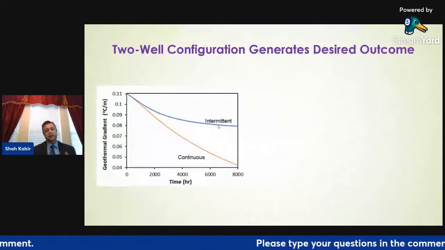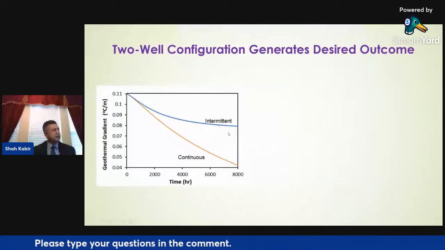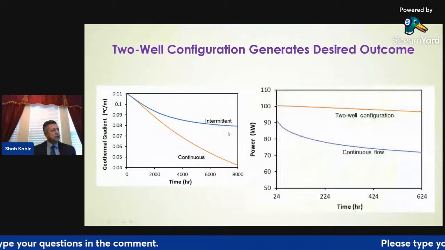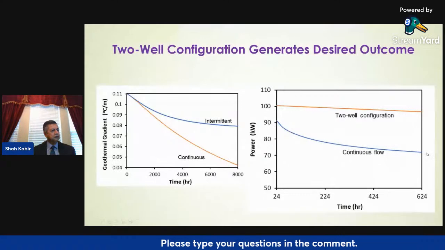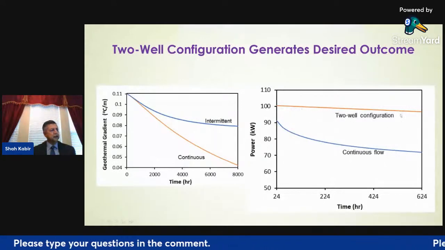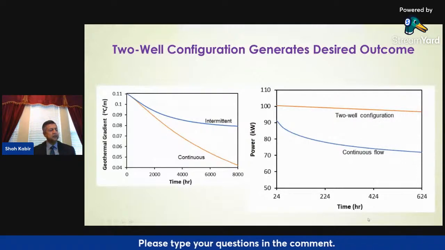Or you bring in another source of energy. That's what we mean, not stepwise intermittent. So that's the two well configuration. Continuous will go down as time progresses, whereas with two wells, it will remain fairly stable. And we have shown that the economics tell us that two wells would be just fine.